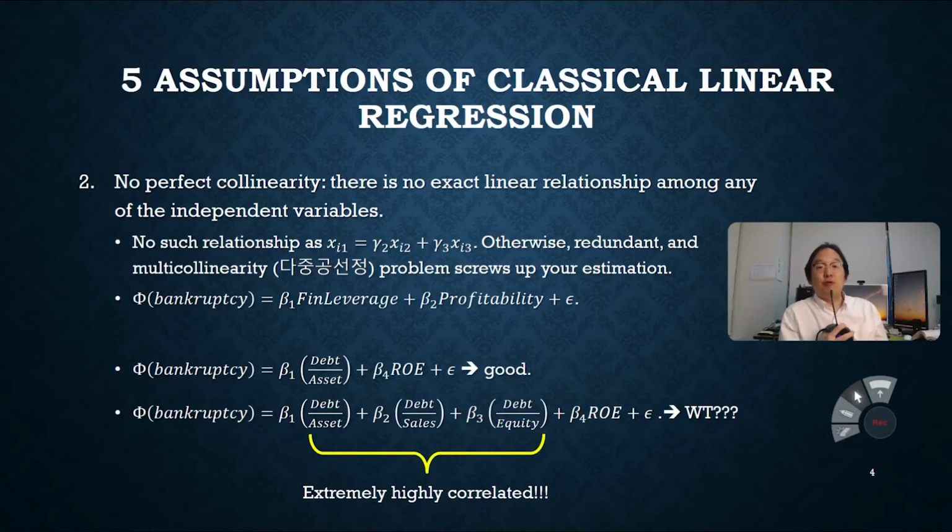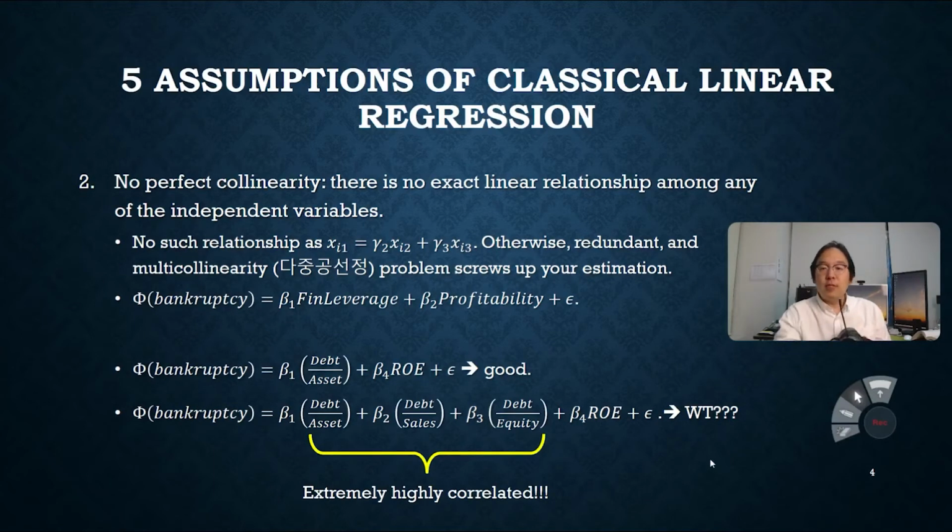Is equal to gamma 2 times, gamma is some kind of coefficient, I guess, coefficient for company i's variable number 2. Let's say this is operating profit, okay? Plus gamma 3 times xi3, the company i's variable 3. The third variable, what shall we call it? Well, operating expenses, or how about this?